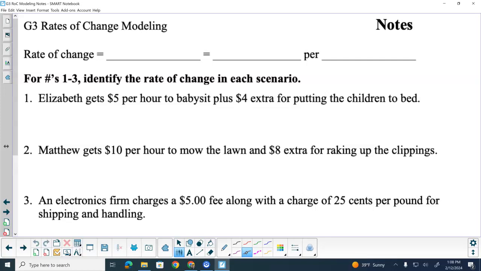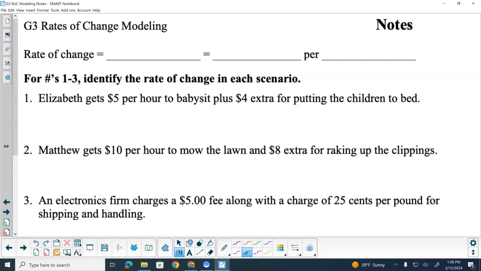The triangle means delta. What about delta y, delta x? Give me something in between delta y and delta x. I'll take one of two words.